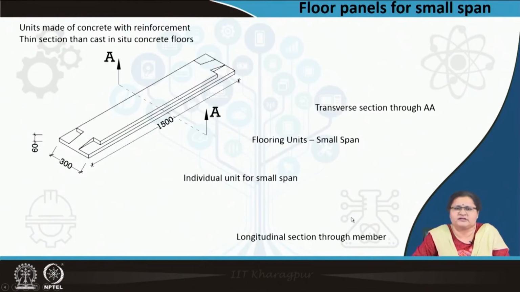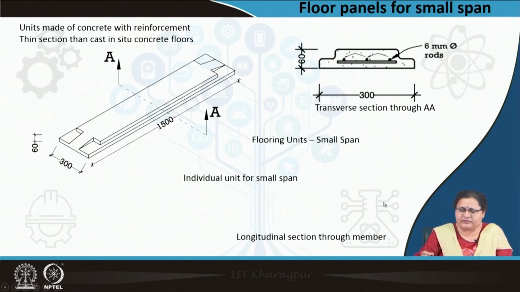Now, coming to the small span system, this is adapted in our country context. As you see, a section of a small panel is made of concrete with reinforcement inside it, which is a thin section compared to that of a cast in situ concrete floor. You can see the cross section here.